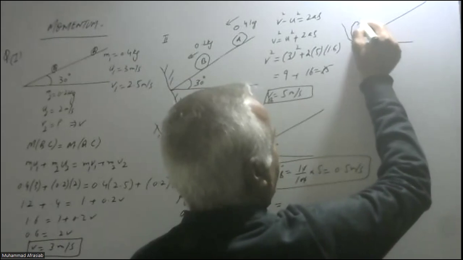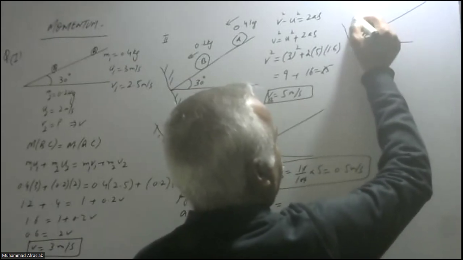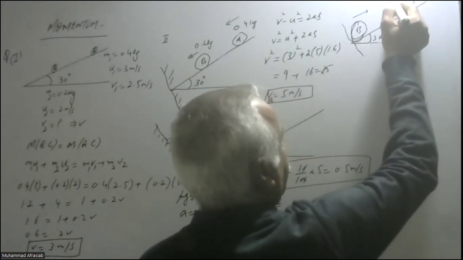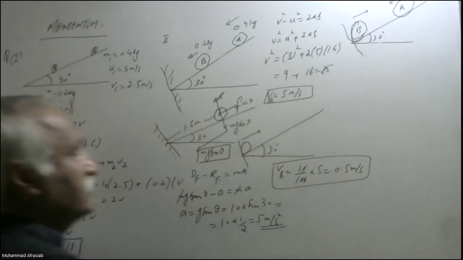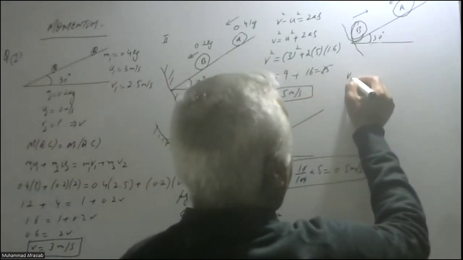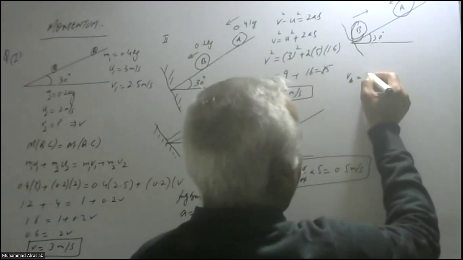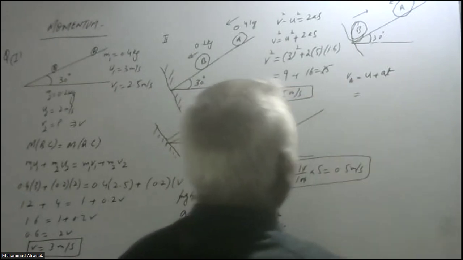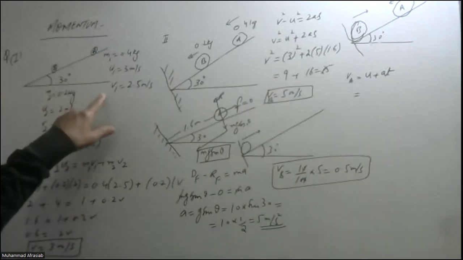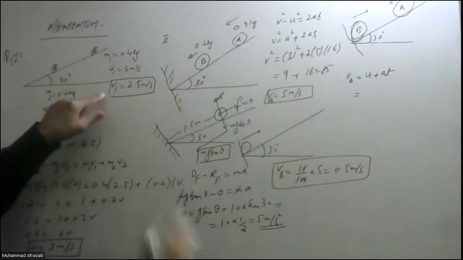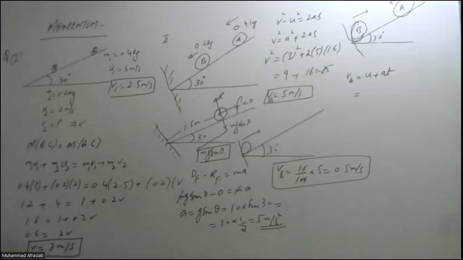Now, in the last stage of this, this is your particle B and this is the particle A. Now we are going to calculate the speed of particle A, which is equal to u plus at. We know that after the collision, the speed of particle A is 2.5 meters per second, before the second collision.